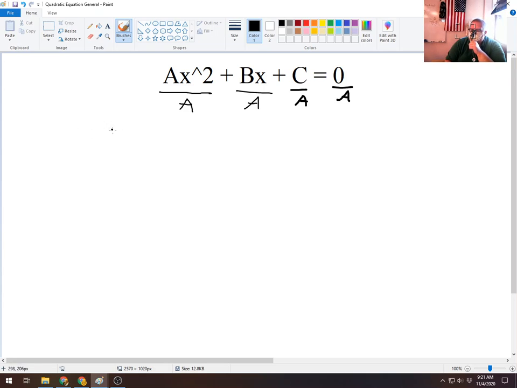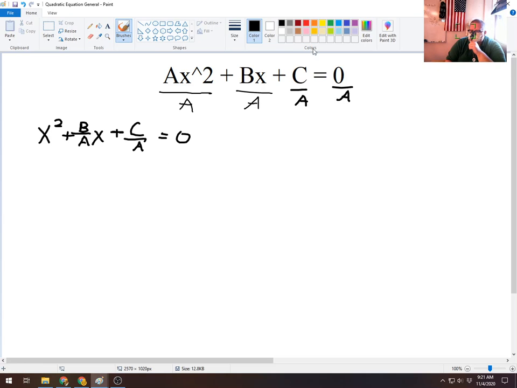So I'm rewriting my equation, and I'm also going to move this to the other side, but I'll do that separately. Okay, so now it says x squared plus b over a times x plus c over a equals 0. Next, I'm going to move this constant to the other side, because we want to complete the square, which means we're only going to look at these first two terms.